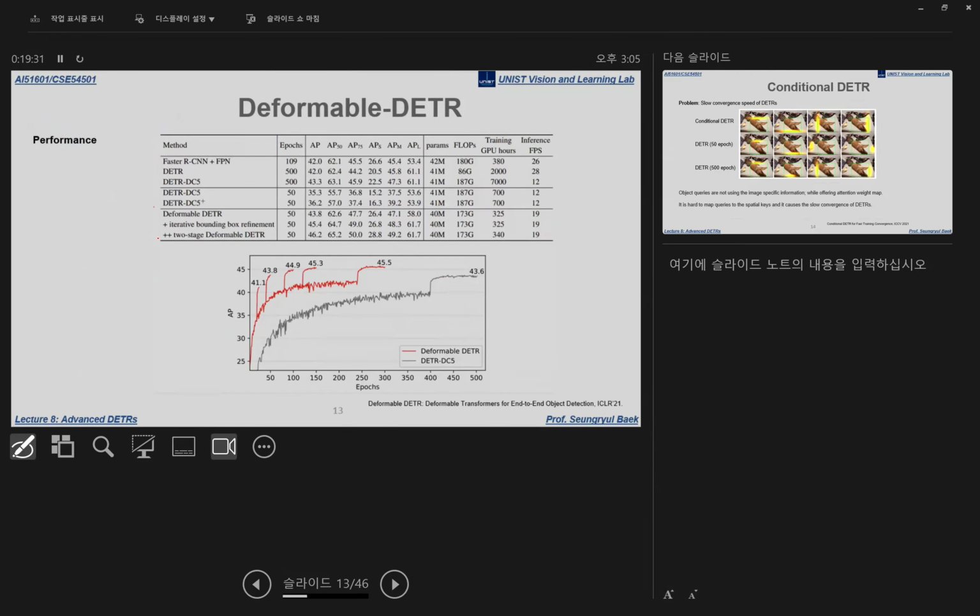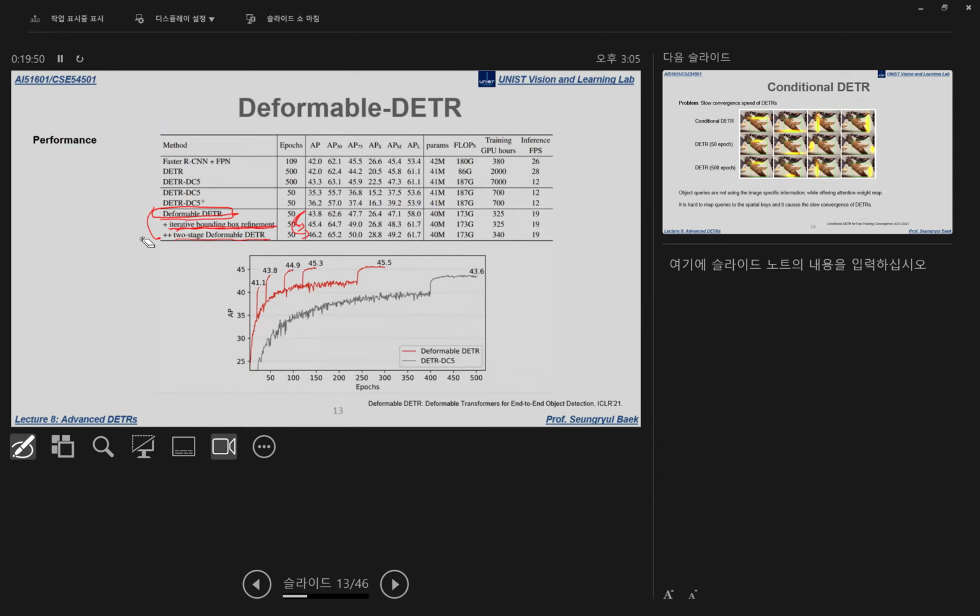Here, this is the original deformable DETR, and this is the iterative bounding box refinement scheme and the two-stage deformable DETR scheme. You can see there has been some accuracy improvement by doing this.